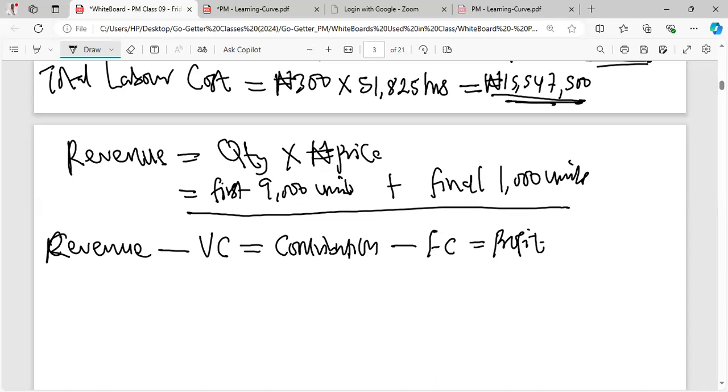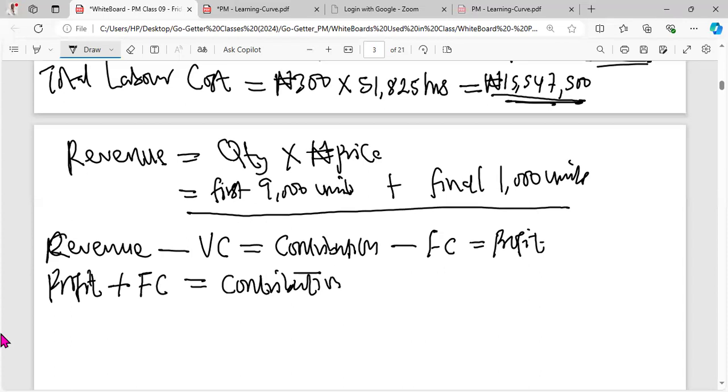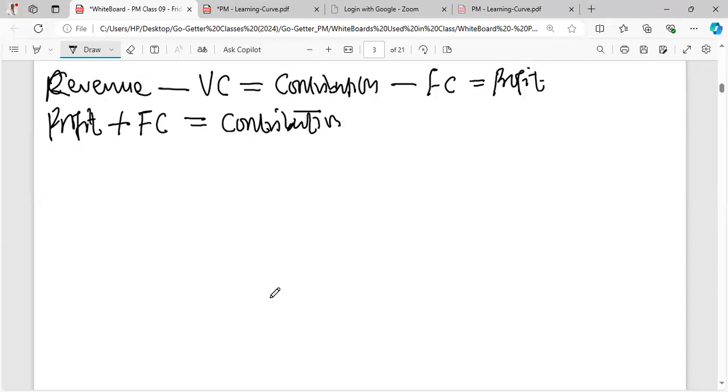So if we have to start from profit, it means profit. If this one comes to this side, this fixed cost is carrying a minus. If it moves to this side, it becomes plus. Profit plus fixed cost should give us contribution. We have our target profit to be 2,500,000.